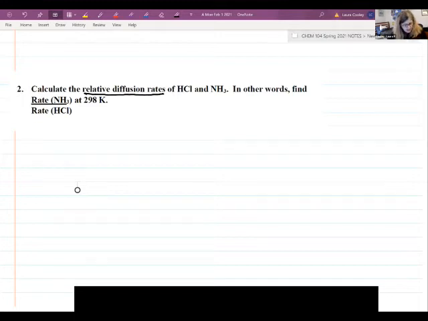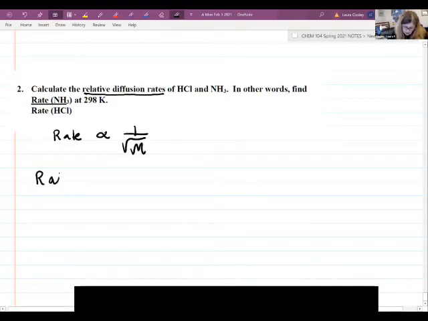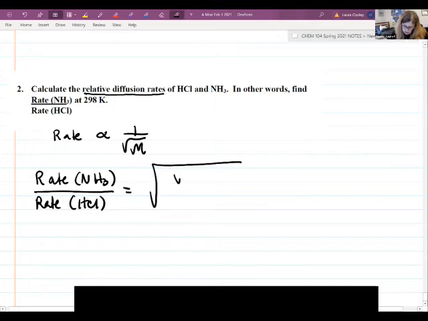The rate is proportional to 1 over the square root of the molar mass. So the rate of NH3 over the rate of HCl is equal to the square root of the molar mass of HCl over the molar mass of NH3.